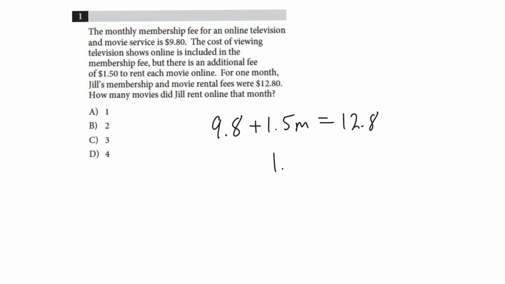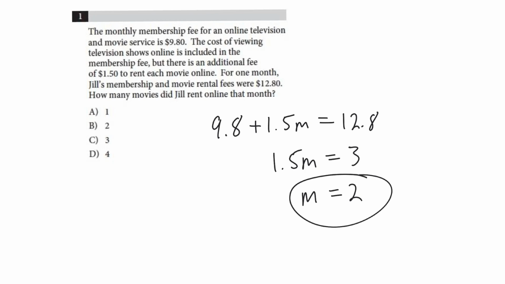So if we subtract $9.80 from both sides, we'll get 3. And if we divide both sides by $1.50, we'll get 2. She rented 2 movies.